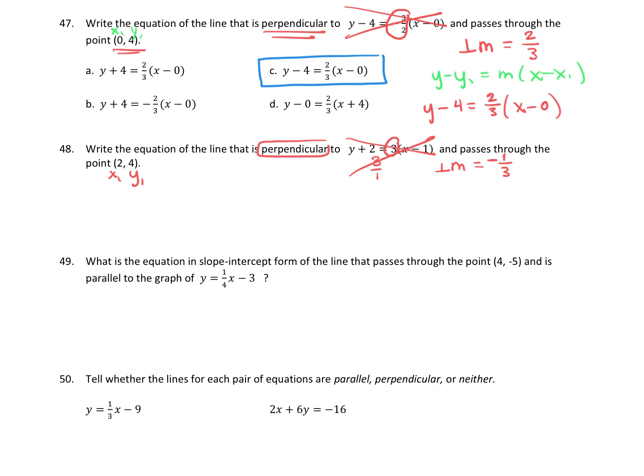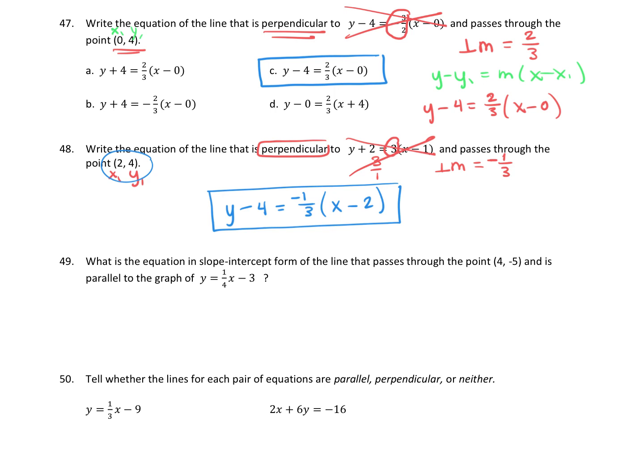We're going to follow that same structure for this equation. So y minus our y1, which is 4, equals our perpendicular slope, negative 1 third, times x minus the x1, which is 2. I just use the 2 and the 4 from the ordered pair that we have to cross through, and we made sure to use a perpendicular slope.